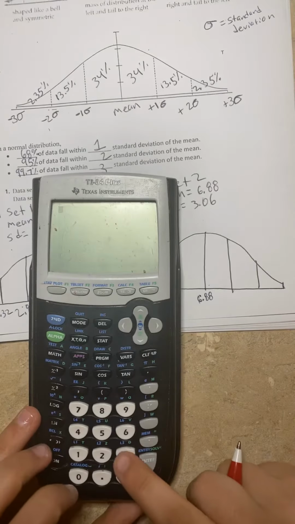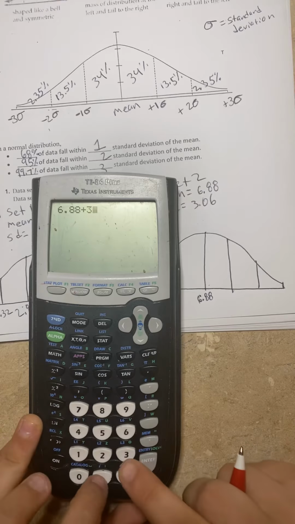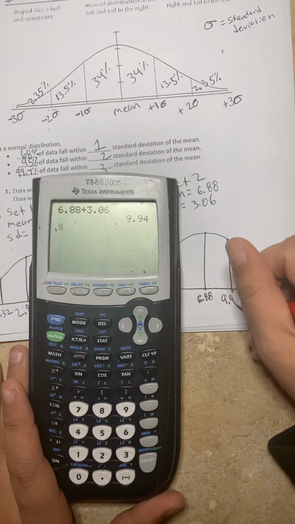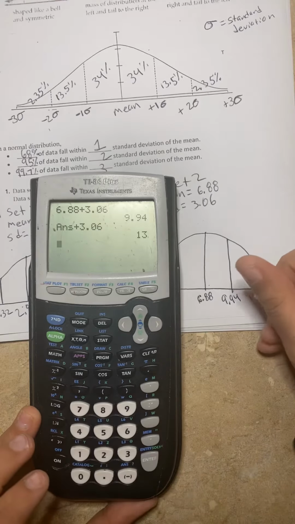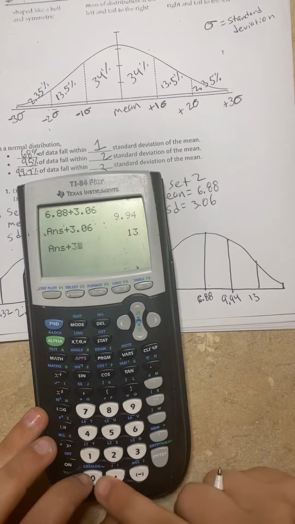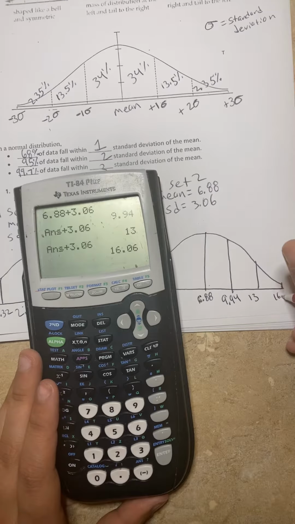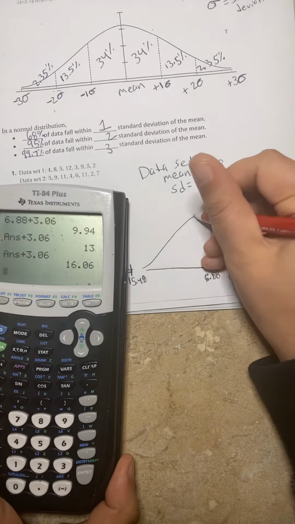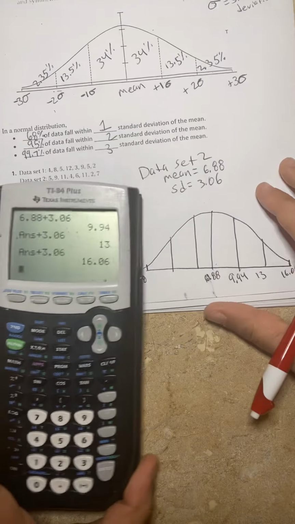So 6.88 plus 3.06 gives me 9.94 plus 3.06 gives me 13 plus 3.06 gives me 16.06. And then again, we'll do the same thing, but we're gonna subtract 1, 2, and then 3 times, okay?